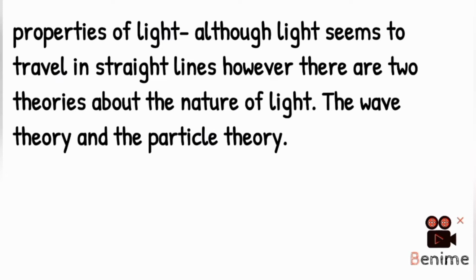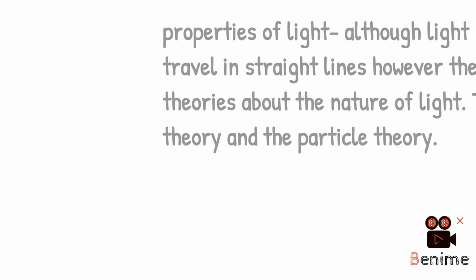On the other hand, according to particle theory, light is composed of particles which travel in a straight line at a very high speed. Thus, light has a dual nature. Light exhibits the properties of both wave and particles. The modern theory of light, called the quantum theory of light, combines both the wave and the particle models of light.